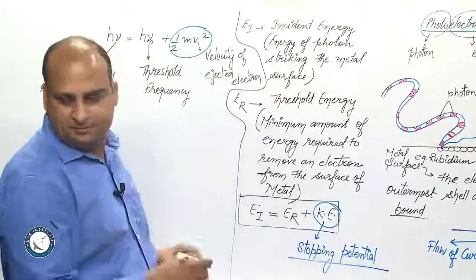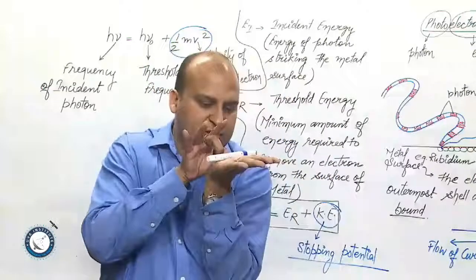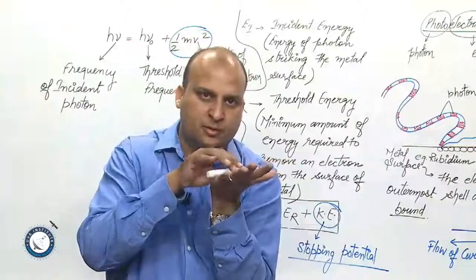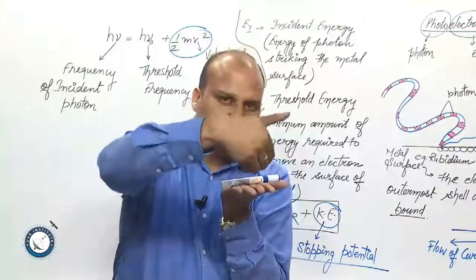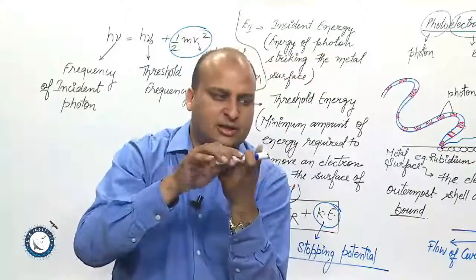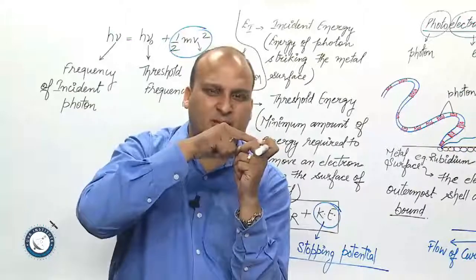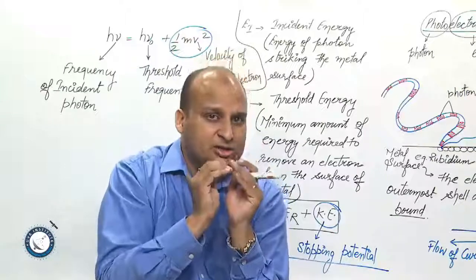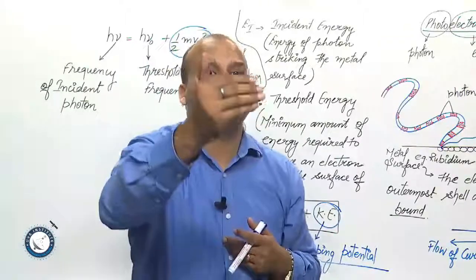Now see what I mean to say. I am hitting this particular marker by my finger, so it is moving out, say with some velocity. If I apply the same amount of energy from the other side, now when I hit, it will just come out of the atom, but it will not be allowed to move.